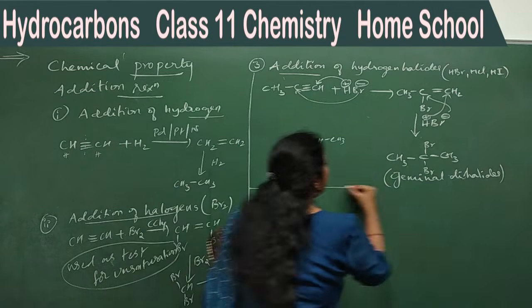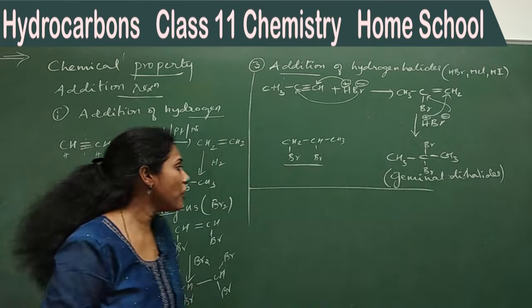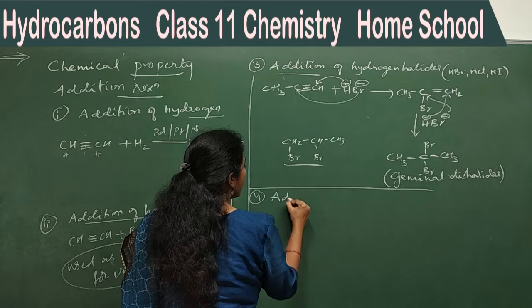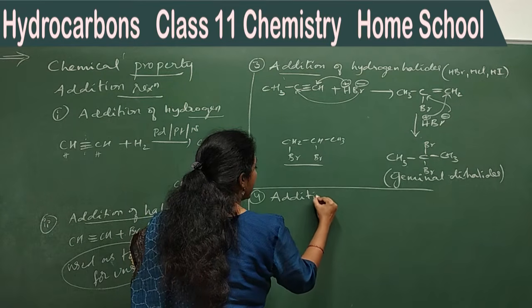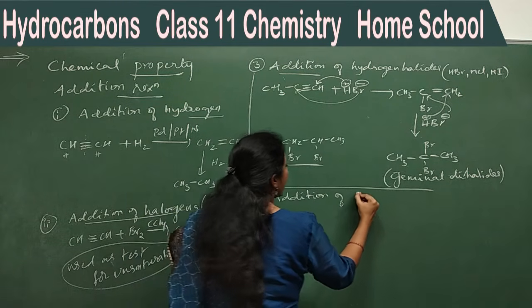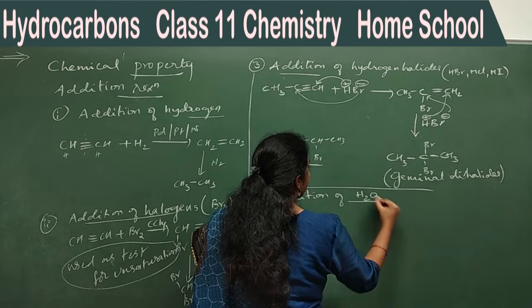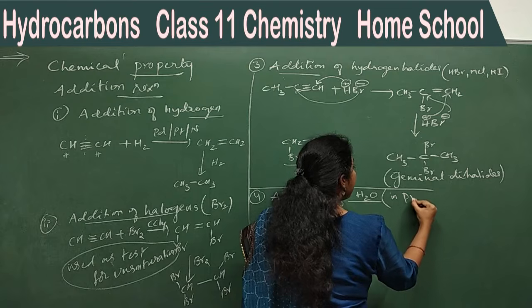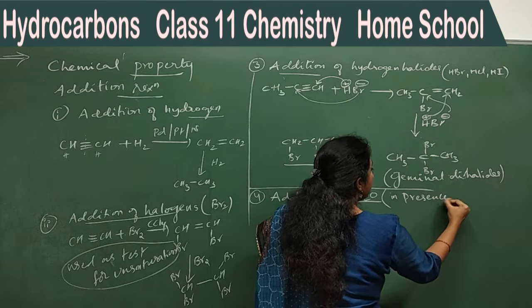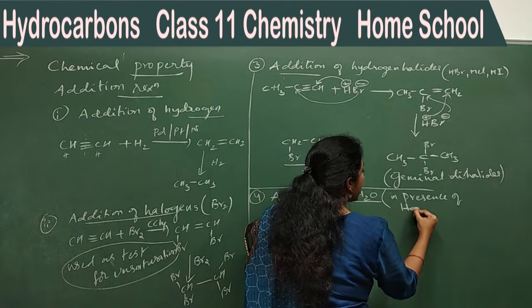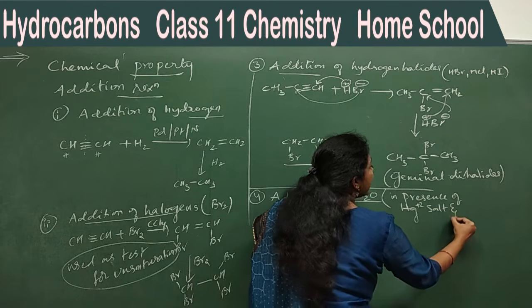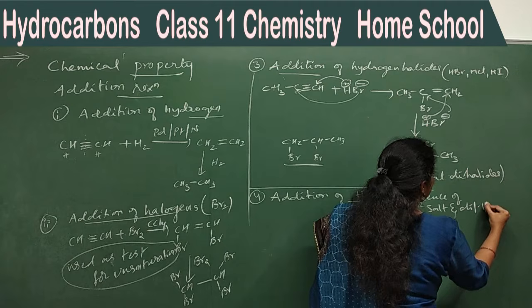And let's talk about the last addition reaction of alkyne. That is the fourth one, addition of water, which is very, very, very important. Addition of water always takes place in presence of a mercuric salt, Hg2+ salt, and dilute sulfuric acid.